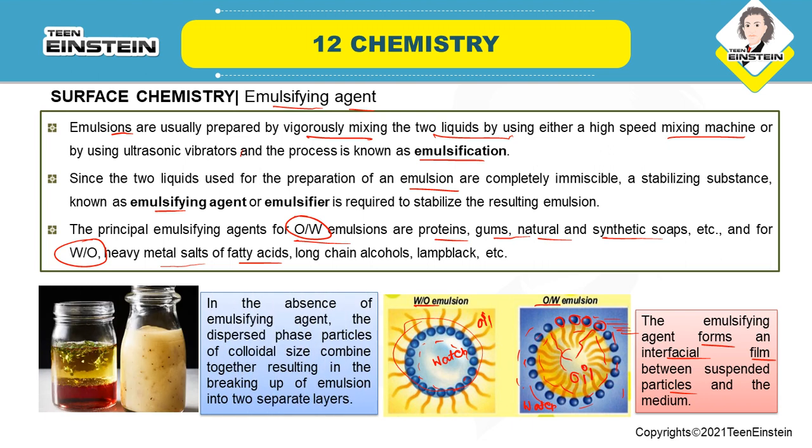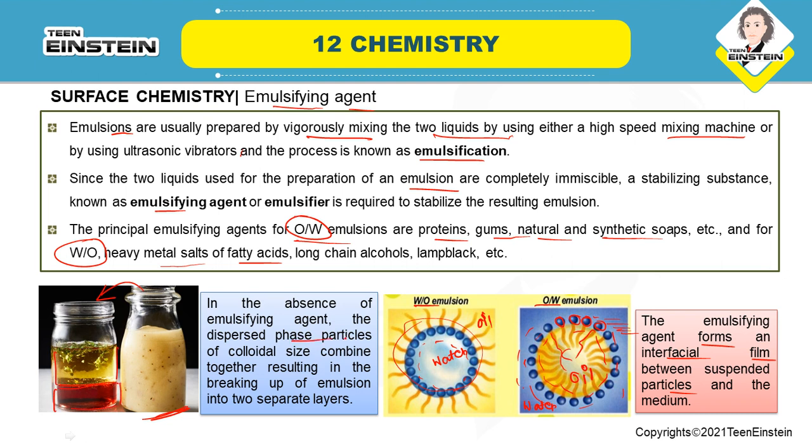Now if the emulsifying agent is not present, suppose you are not using an emulsifying agent, what will happen? So this is the emulsion on the right hand side, okay, but gradually with time, without using an emulsifier, these two phases, that is the two immiscible liquids, will separate from each other.